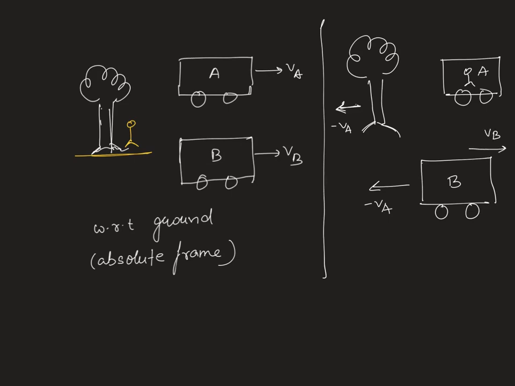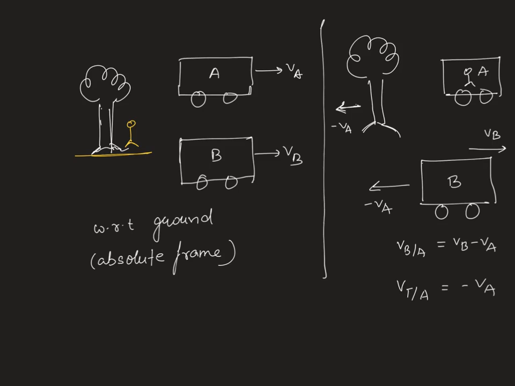So there might be two things, either VB is greater than VA or VB is less than VA, but for now we will say that the velocity of B with respect to A is VB minus VA, and velocity of the tree with respect to A is obviously minus VA.